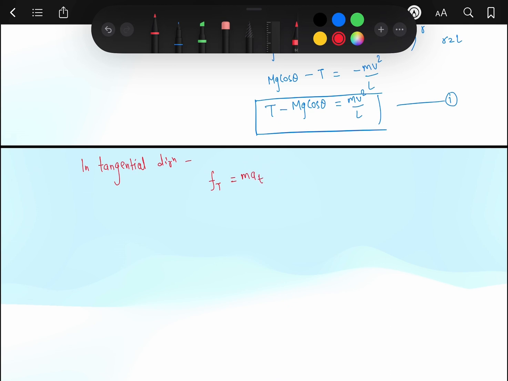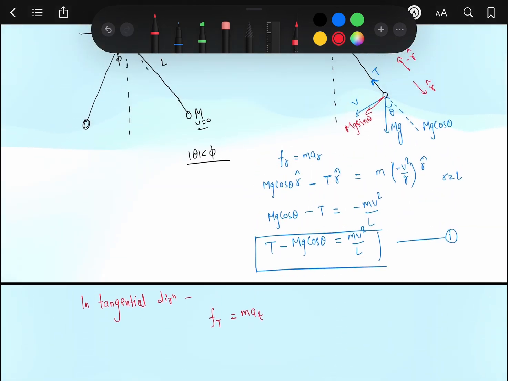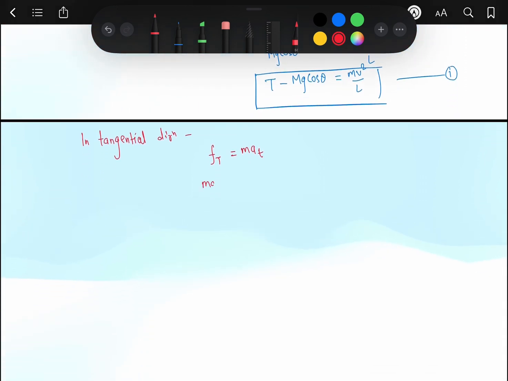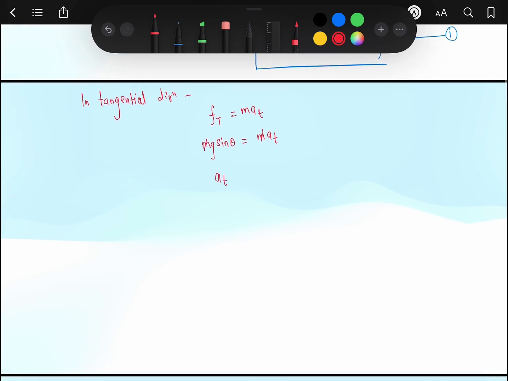The force acting in the tangential direction is equal to mg sin theta only. So mg sin theta will provide the tangential acceleration here. So mg sin theta will be equal to m into a tangential, right? So m will be cancelled out here, and the value of a tangential will be g sin theta. So this is our condition.